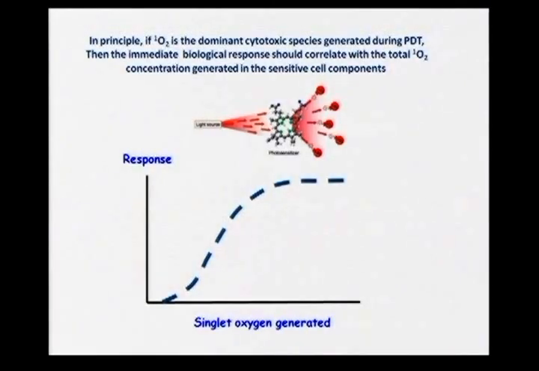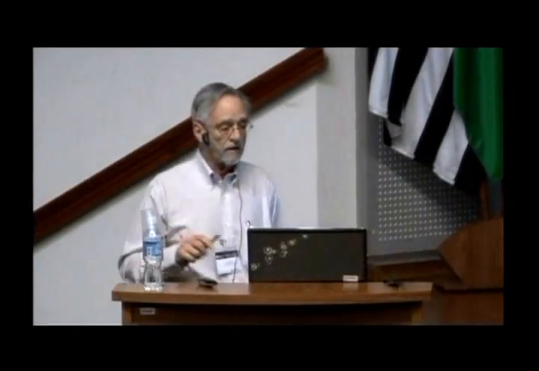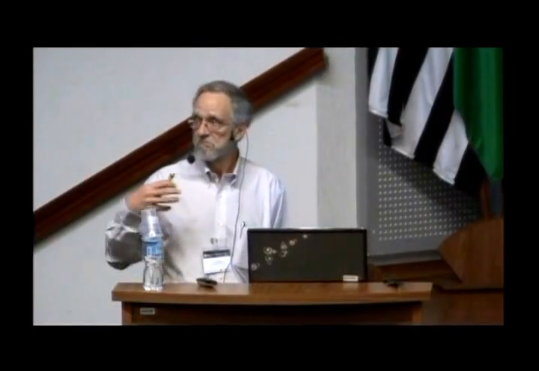So what we would really like to do is, if it really is true that singlet oxygen is responsible for the biological effect, then in principle, whatever we choose as a measure of response, whether cell kill or vascular effect, at least the direct response, you might think that if we plot the response versus the singlet oxygen, we should be able to generate a curve.